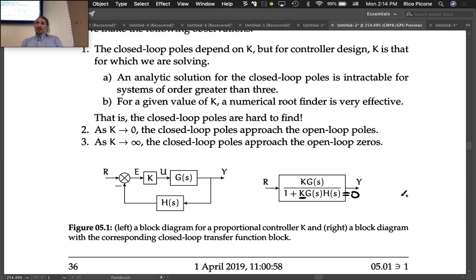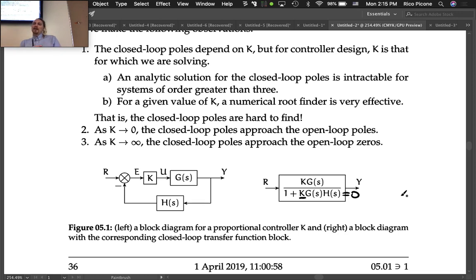Problem is, we want those poles to be in certain places to match our performance criteria, right? Like maybe the percent overshoot or the rise time or something like that we care about. We want those poles to be in a certain location, but their location depends on gain K, and solving backwards for the gain K is quite difficult to do, especially if it's a higher order system.